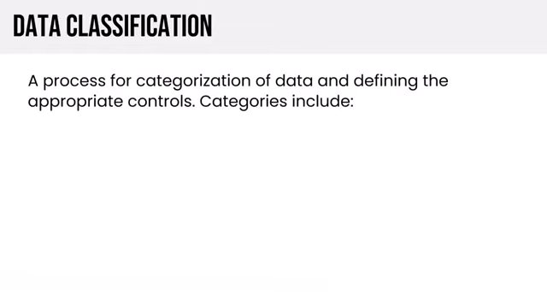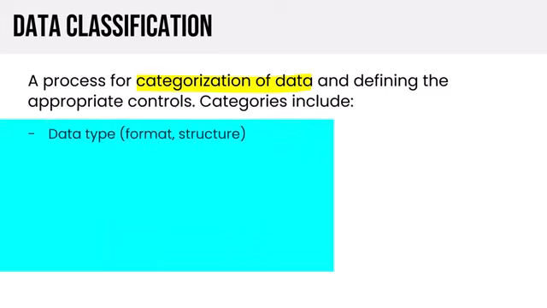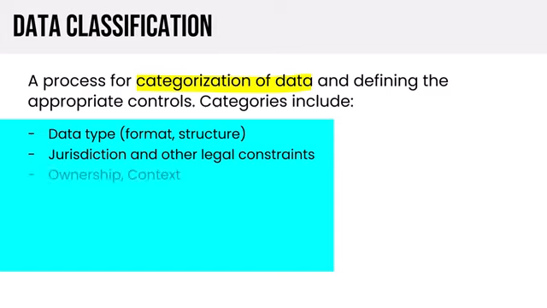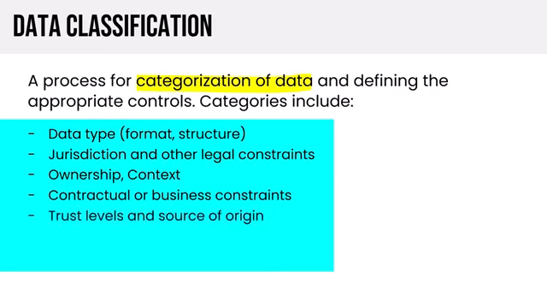Going a bit further, data classification is a process for categorization of data and defining the appropriate controls based on that category. So categories could include the data type based on its format or its structure, jurisdiction or any other legal constraints, ownership, the context of the data can be important, contractual or business constraints, think PCI DSS, which is contractually enforced, trust levels and the source of origin, value, sensitivity, criticality.